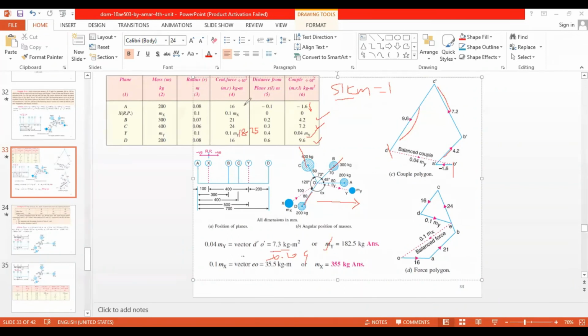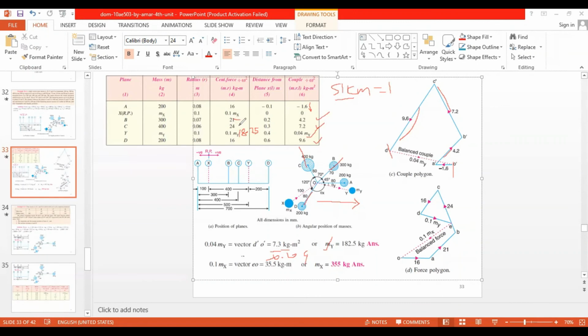We can take a scale of maybe 1.6. Then from A to B, that is 45 degrees. So we will draw parallel to this. You see this one and this one are parallel. That is 21. All right, so now B is drawn.